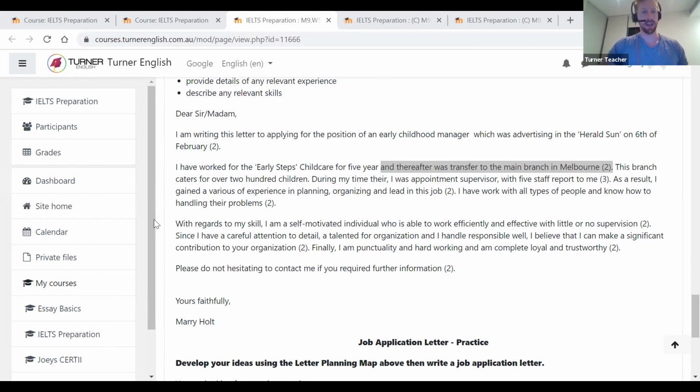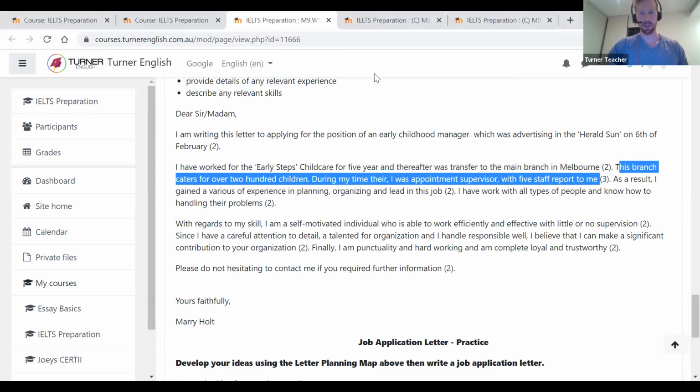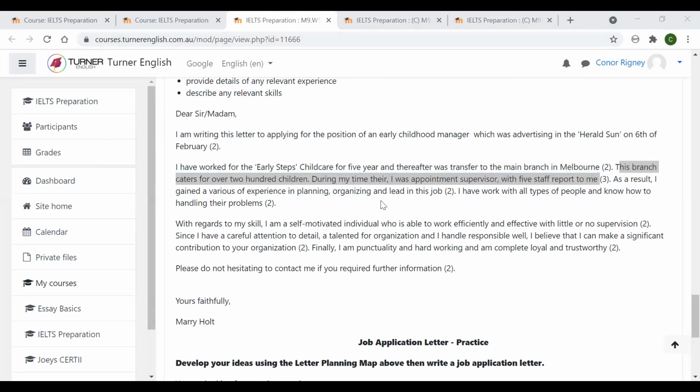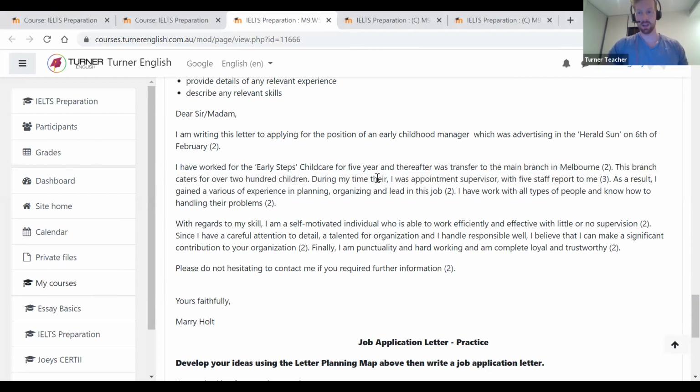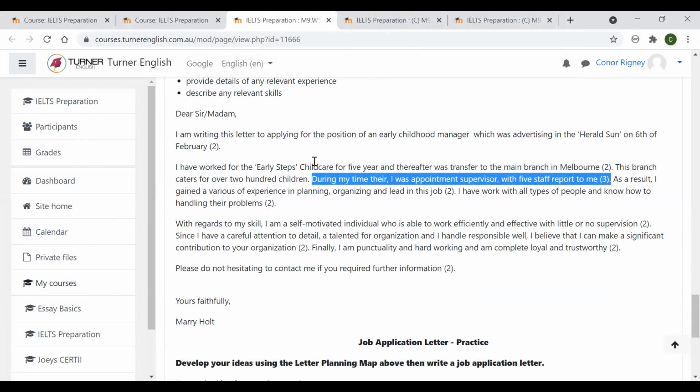Okay. And Ethan? This branch caters for over 200 children. That's fine. During my time there, I was appointment supervisor with 5 staffs report to me.